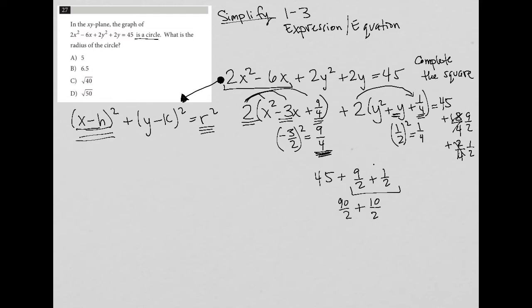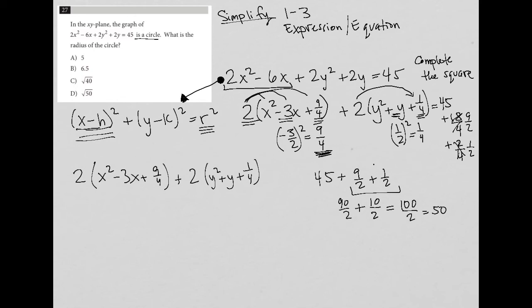Hopefully that makes sense. 90 over 2 plus 10 over 2 is equal to 100 over 2. And 100 over 2 is equal to 50. Okay, so here's my new equation. 2 times x squared minus 3x plus 9/4, plus 2 times y squared plus y plus 1/4, is equal to 50.